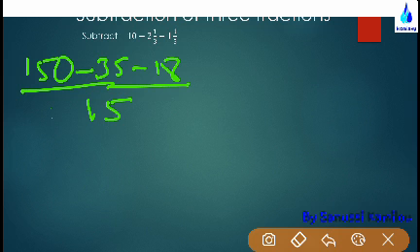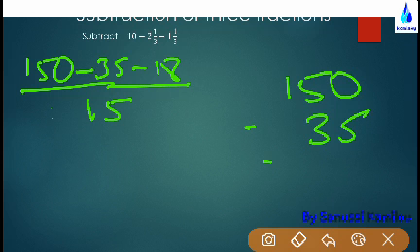If we do that quickly, we'll get 10 minus 5, it's the same as 0 minus 5, which I cannot do.